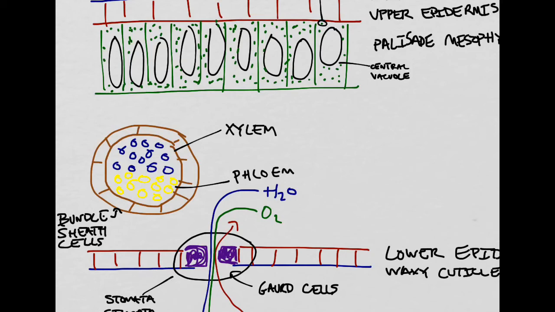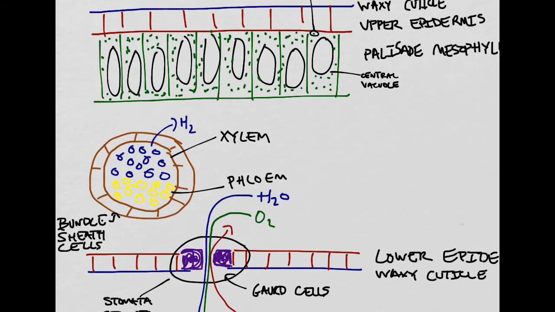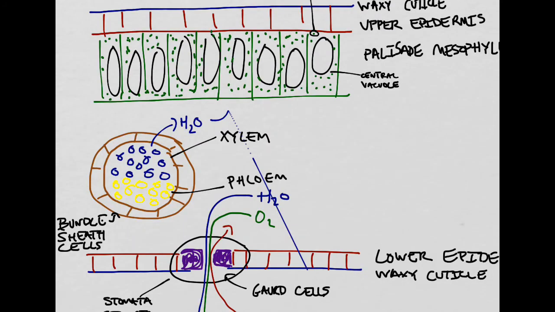So water from the xylem is going to diffuse out of the xylem, where it's at a high concentration, to other parts of the plant. It's going to enter into the cells and do photosynthesis.